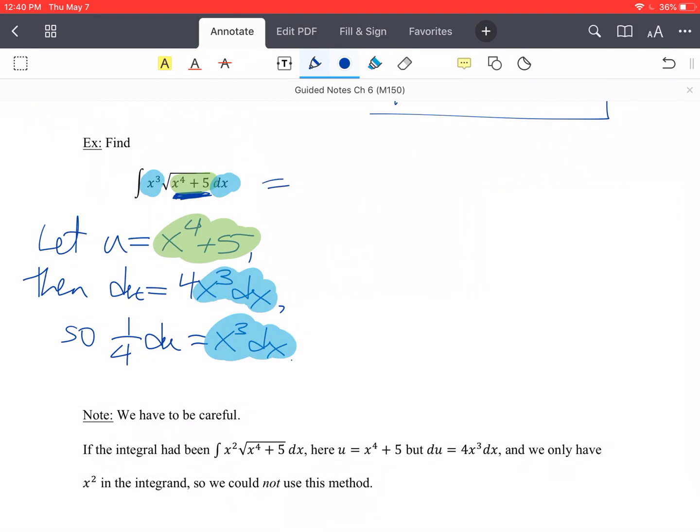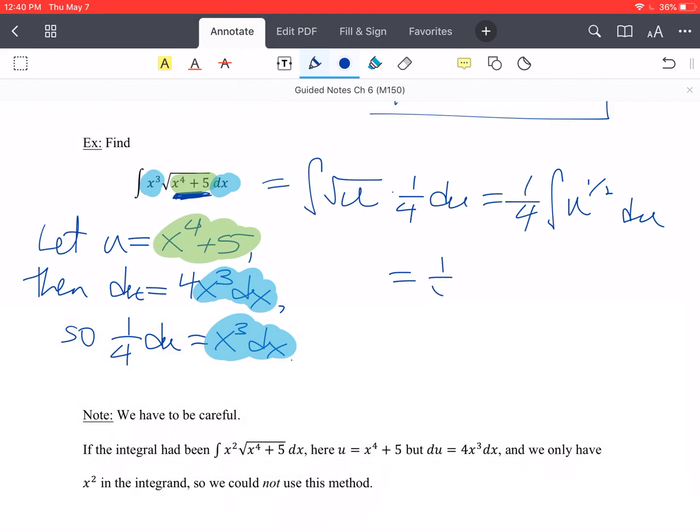So now let's go ahead and do the substitution. This is the integral of square root of u times 1/4 du. Go ahead and pull out that 1/4. Now it's just a matter of using the previous integration techniques that we've seen. So pull out the 1/4 integral, that's u to the 1/2, that's the square root.